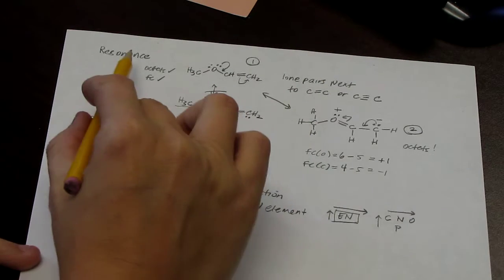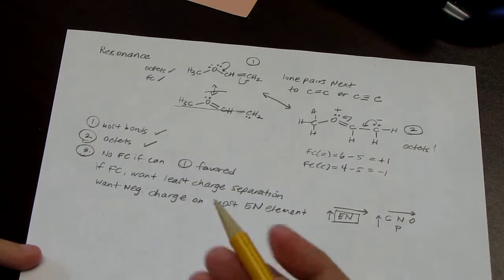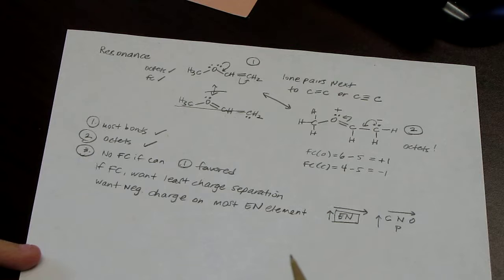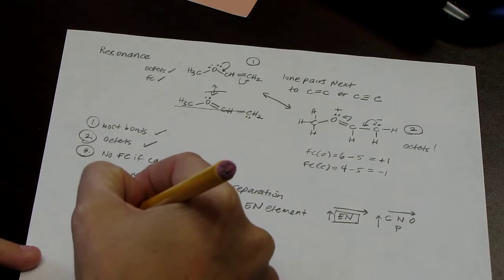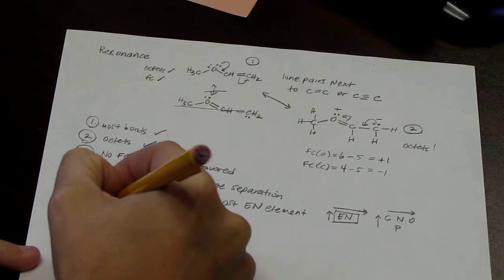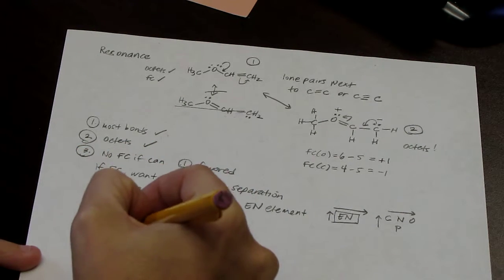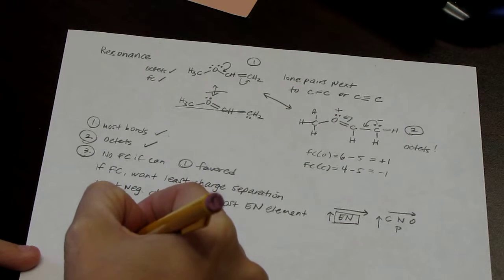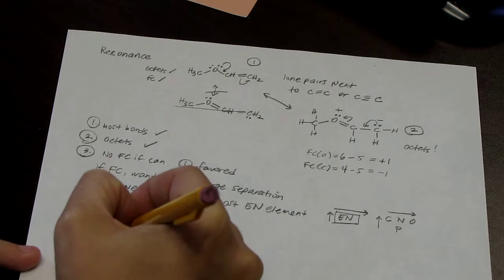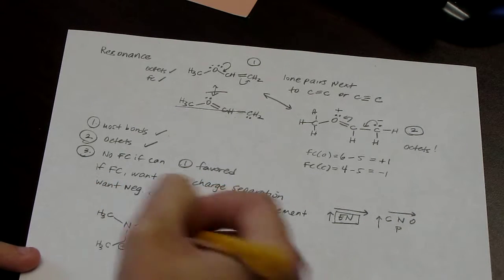So you'll have resonance when you have lone pairs next to double or triple bonds. And you'll also have resonance when you have, let's say, a nitrogen with two CH3 groups next to a carbon with a plus charge on it, and two more CH3 groups.